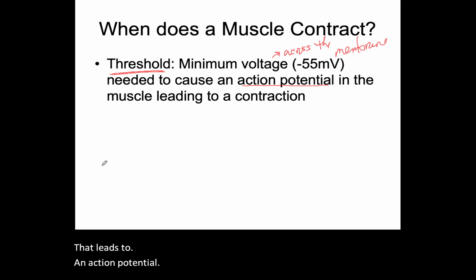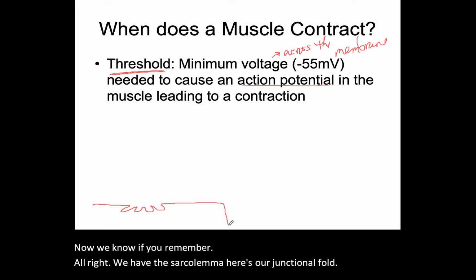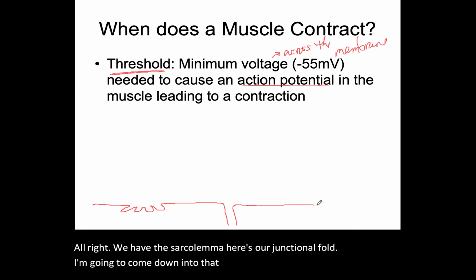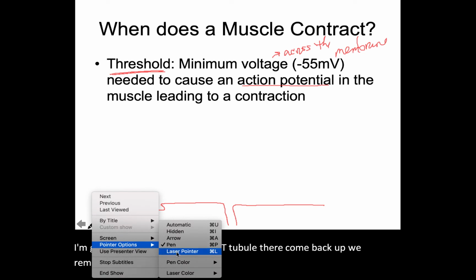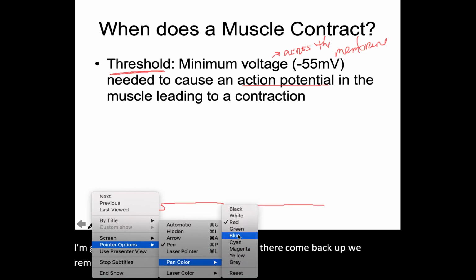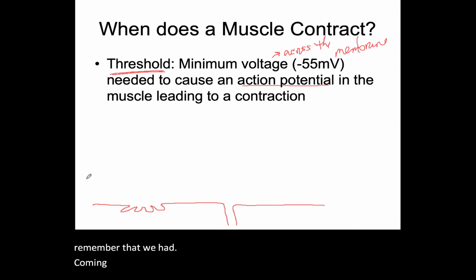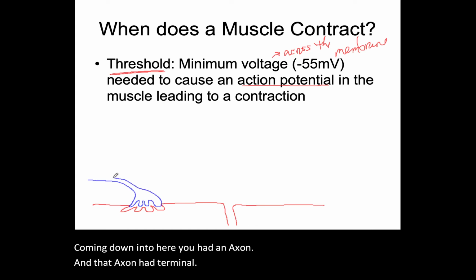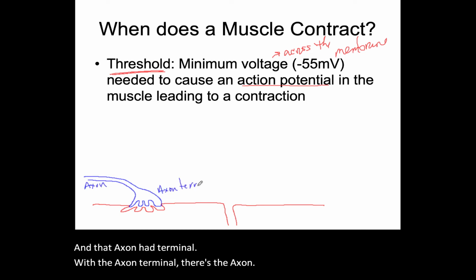Now we know, if you remember, we have the sarcolemma. Here's our junctional fold. We're going to come down into that T-tubule there, come back up. We remember that coming down into here, you had an axon, and that axon had terminal bulbs. The axon terminal, there's the axon terminal.